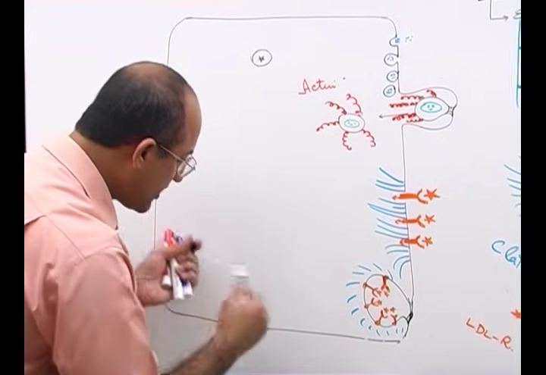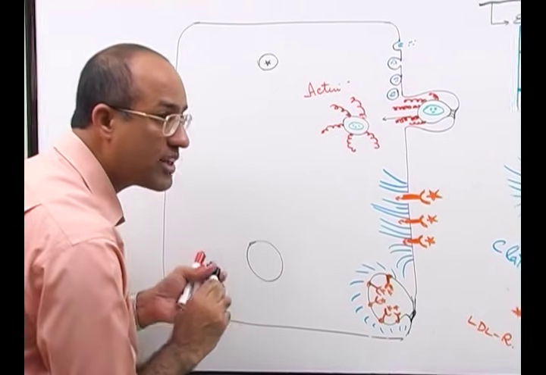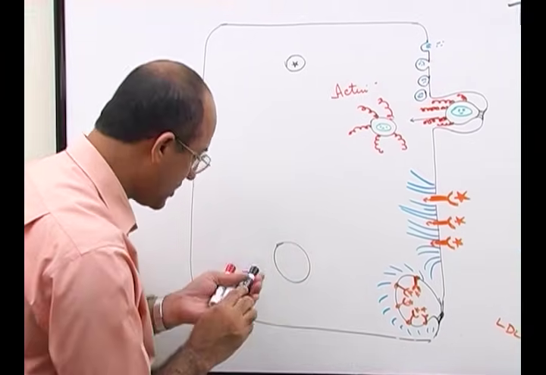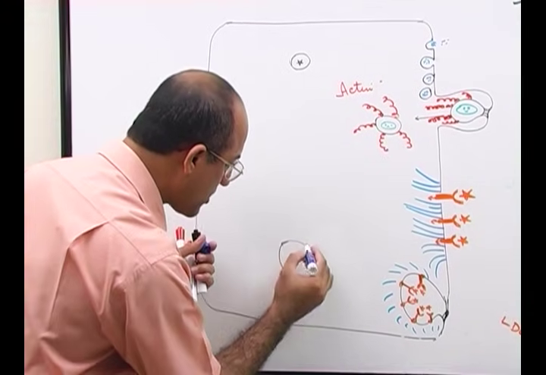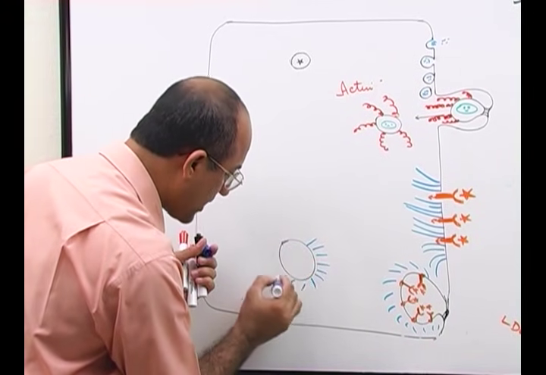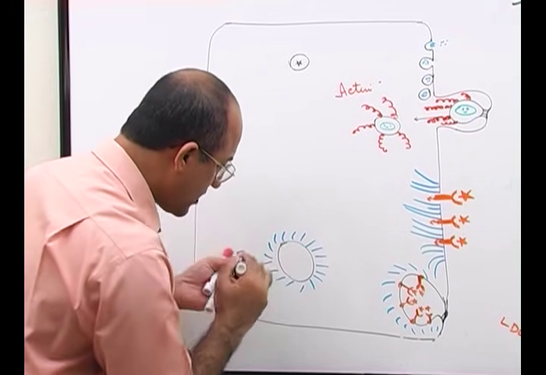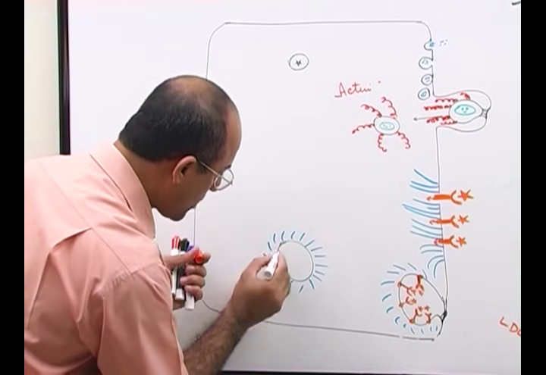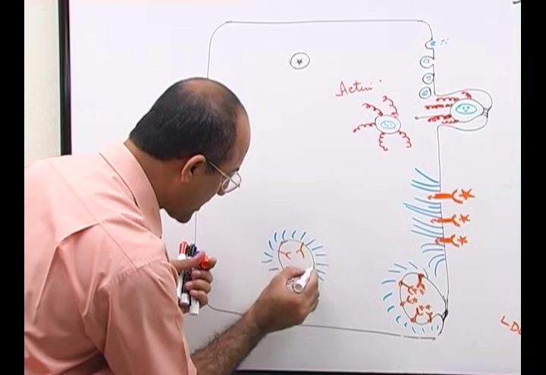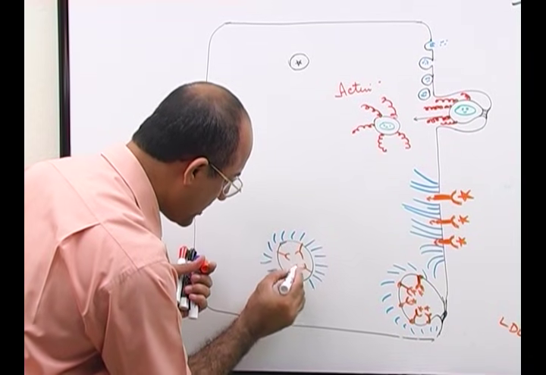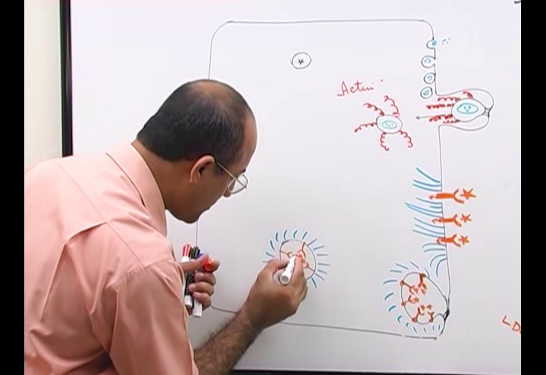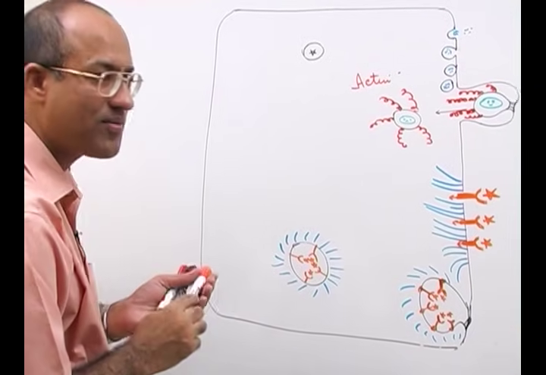And now this has become a clathrin coated vesicle, of course, in the cytoplasm, right? And now, of course, your friends are trapped over here. The name of your friend is LDL. And then what will happen?